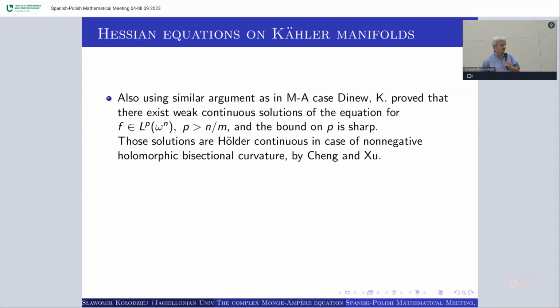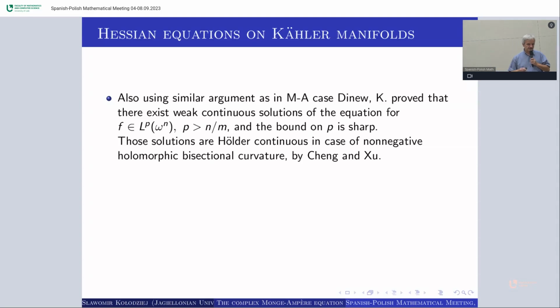Still on Kähler manifolds, you can consider weak solutions, and as in the case of domains in C^n, if the right-hand side is in L^p, p bigger than n over m, then one can obtain continuous solutions. Again, this bound on p is sharp. If you assume, moreover, that the holomorphic bisectional curvature is non-negative, then the solutions are further continuous.